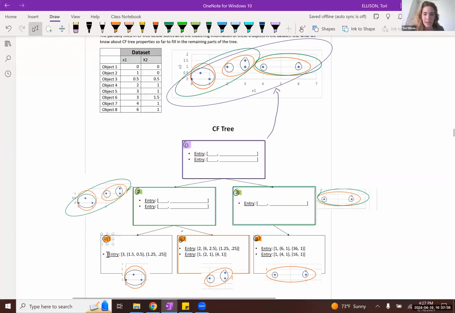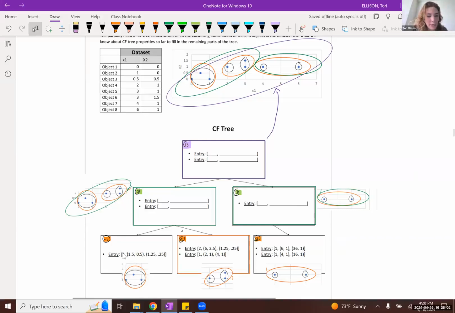If this was the set of leaf nodes that we have currently created when building this CF tree, this is how we would go about interpreting that. This CF entry corresponds to this subcluster here.